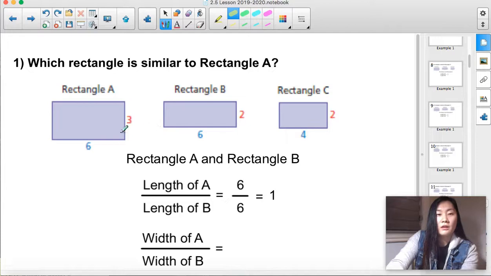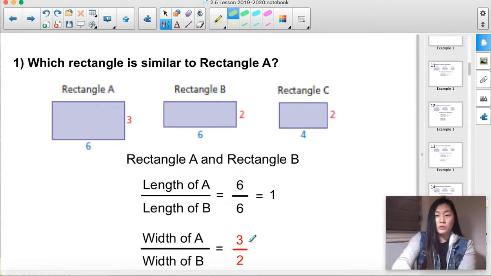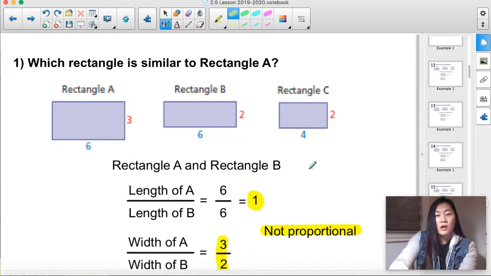Width of A, 3, over width of B is 2, and we can't simplify that any further, so we're just going to leave it as 3 over 2. So these two are not proportional because 1 and 3 over 2 are not the same. So right then and there, rectangle A and B are not similar to each other.